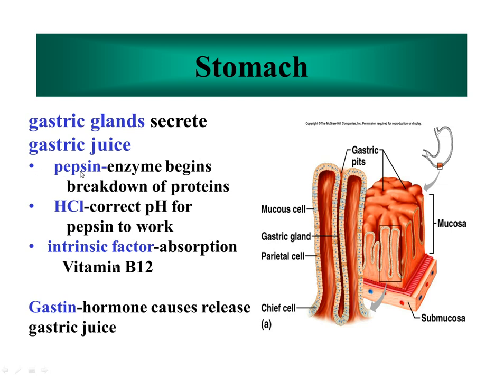So pepsin is in the gastric juice. It's an enzyme that helps to break down proteins. It is produced by what are called chief cells in the lining of the stomach. You have hydrochloric acid. There are types of cells called parietal cells that produce hydrochloric acid and intrinsic factor.